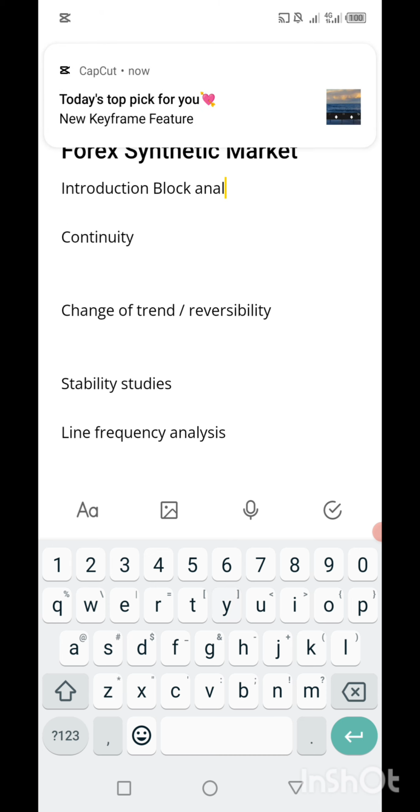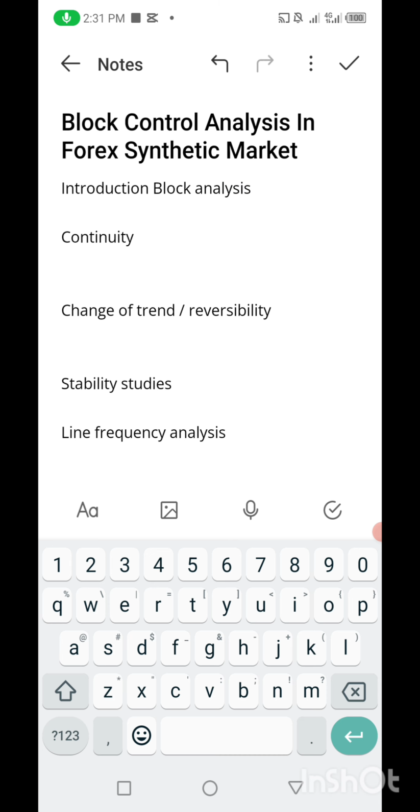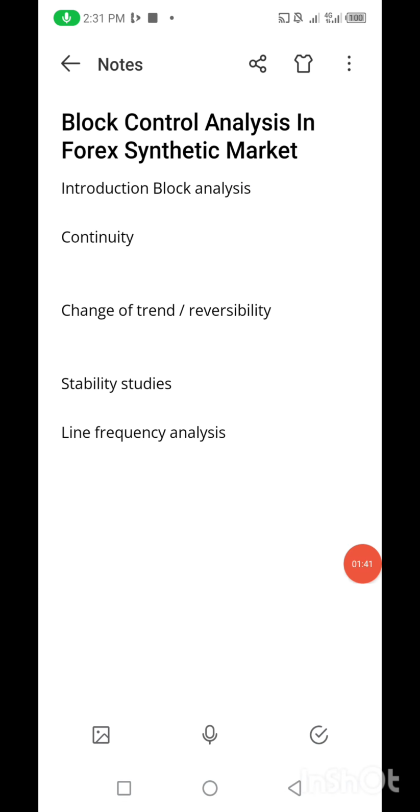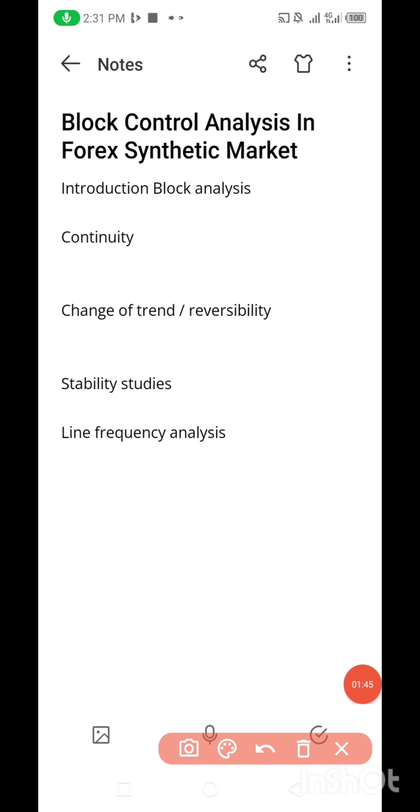So these are the things we shall be discussing. Now I'm going to start with the schematics of this topic so that I will go to practical charts for real analysis.